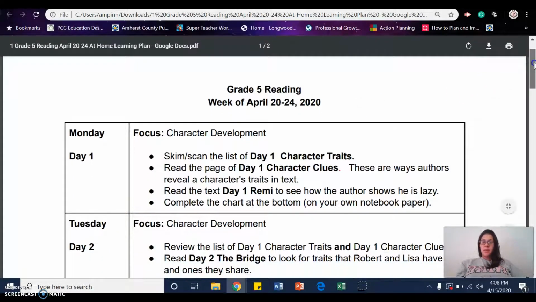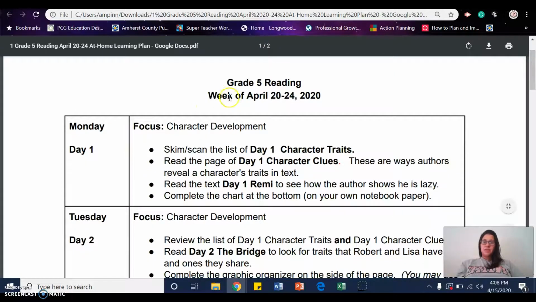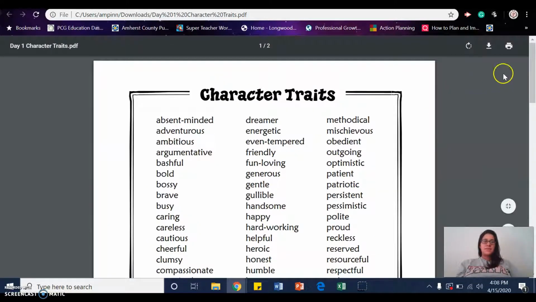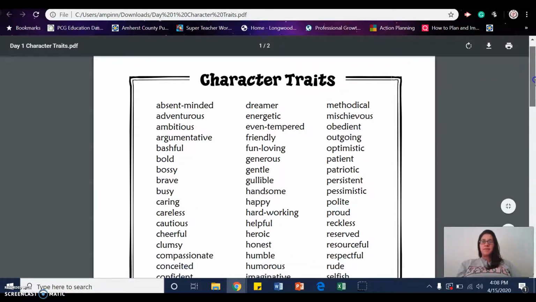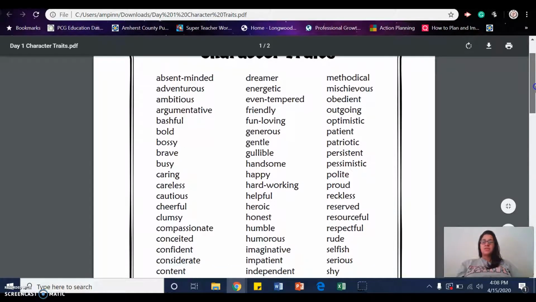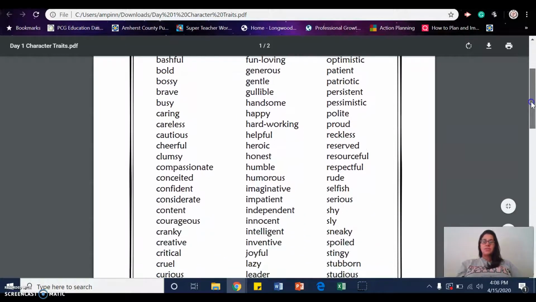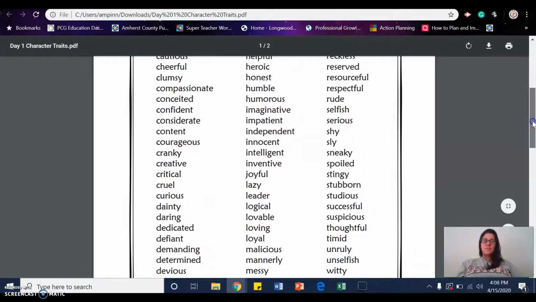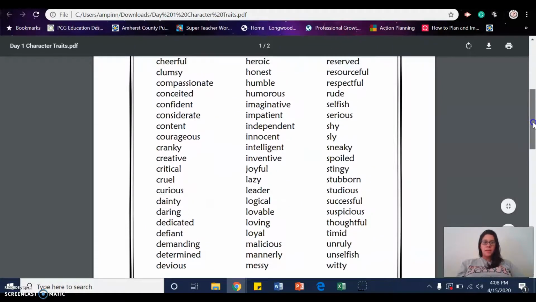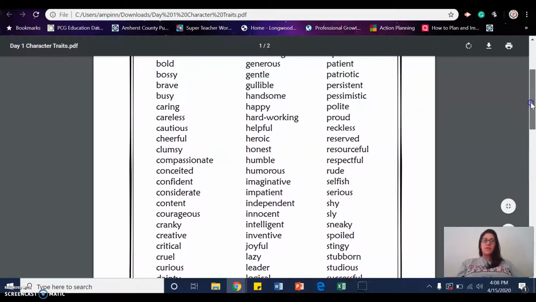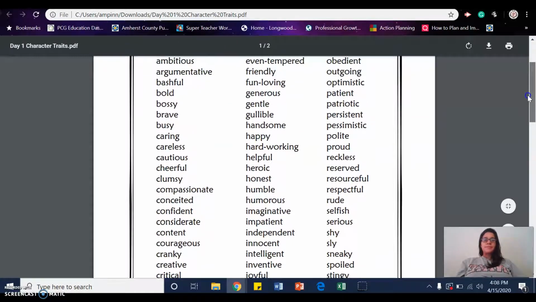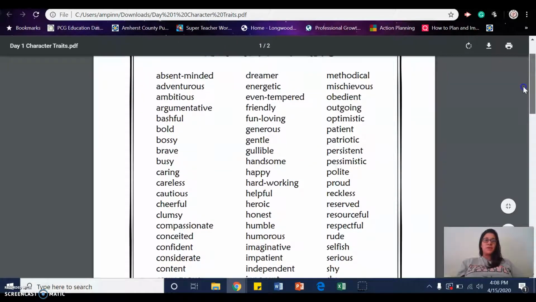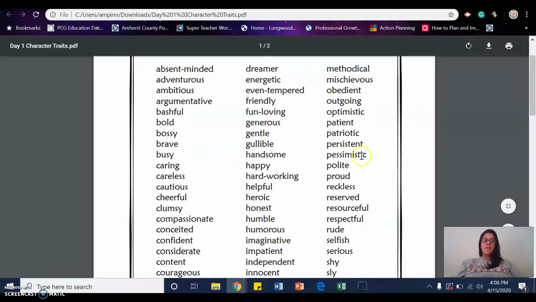So on Monday, it says that you are going to skim your list of character traits. So that's this list right here, and you have different types of character traits. And if you have any trouble understanding what any of them mean, you can either ask your parent what it means, or you can save them for me on the 27th and we can go over them.